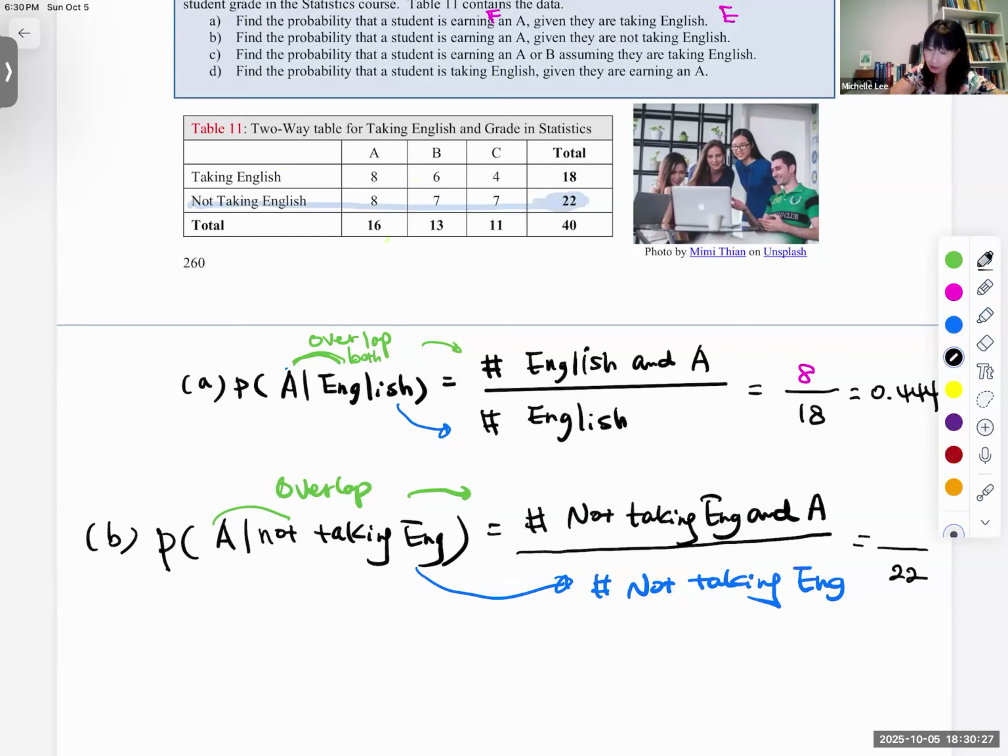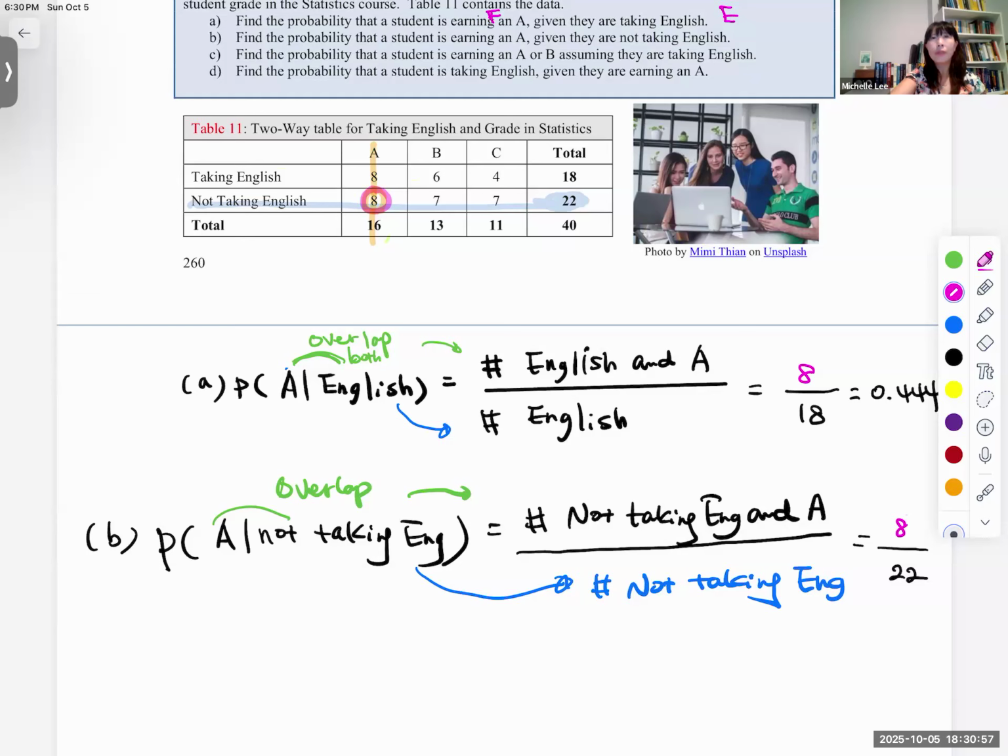And the overlap, not taking English and getting A, is the number shaded with the two colors. So 8. Oh, 8 again? Yes, a coincidence.